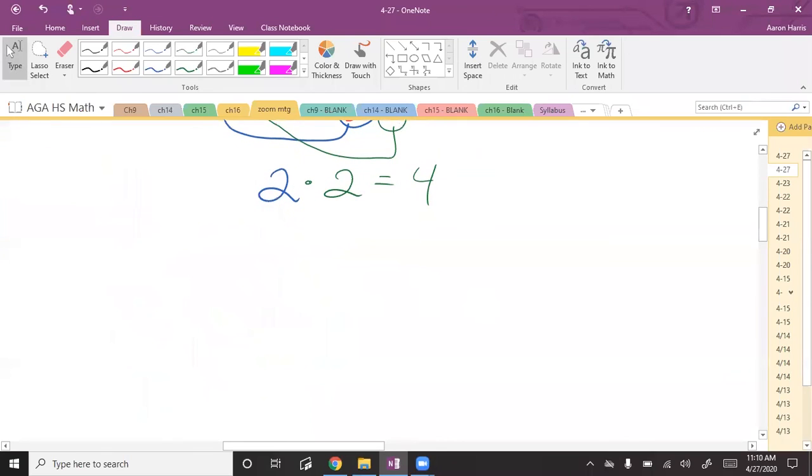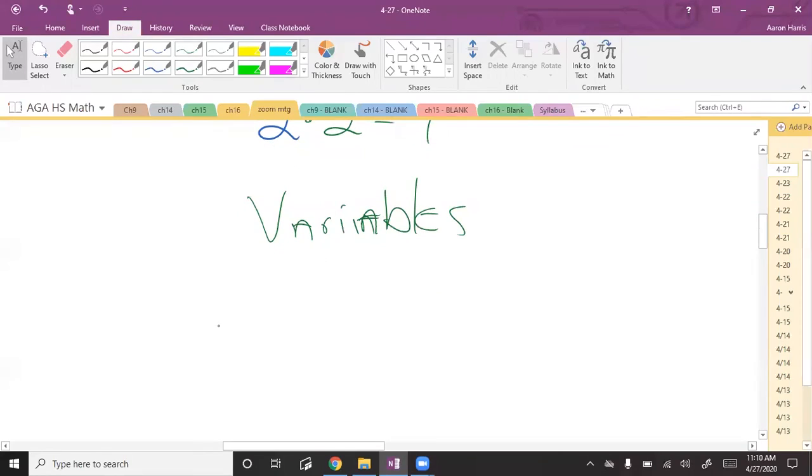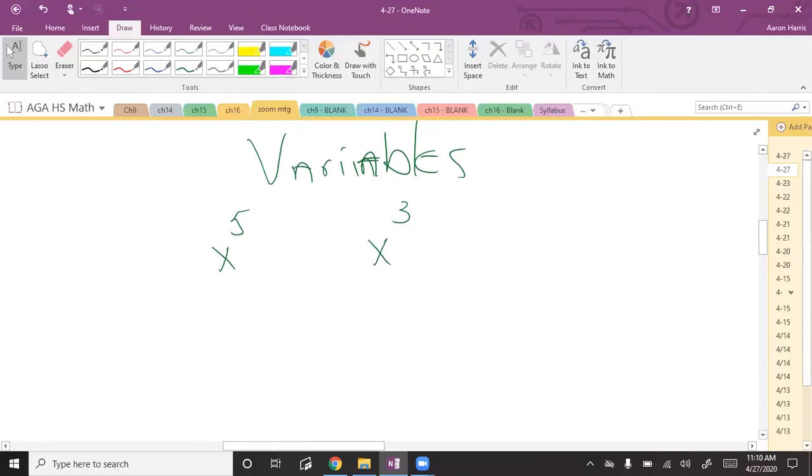So let's talk about the variables. Variables to me are even simpler because I don't have to keep figuring out what's what. Let's say I have x to the 5th and x to the 3rd. What does that really mean? First, I need to know, are they the same variable? Yes, they are.